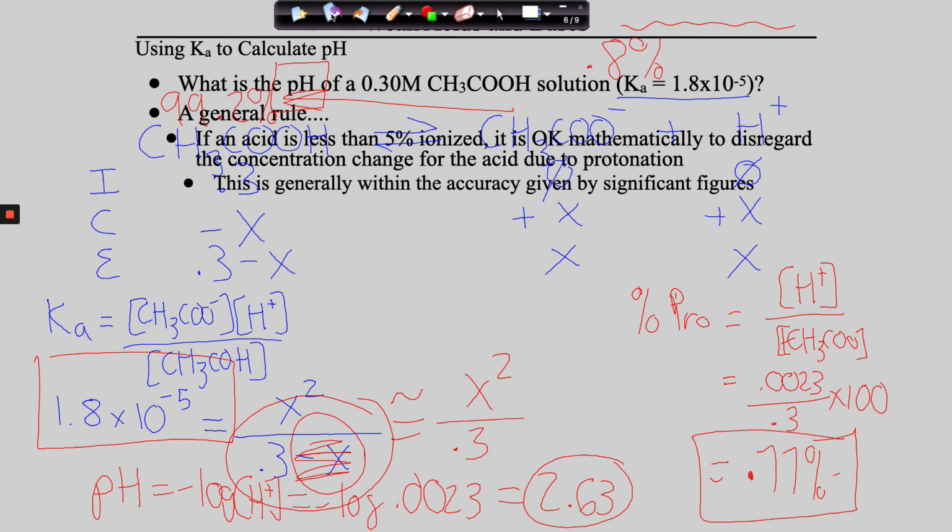Here's the answer. It's all about comparison. It's all about insignificant relative to what? So this minus X is insignificant compared to 0.3 molar. This X is not insignificant. So now let's talk about what it isn't insignificant to. And the answer is these X's in the numerator represent the concentration of hydrogen and acetate, but let's say hydrogen.